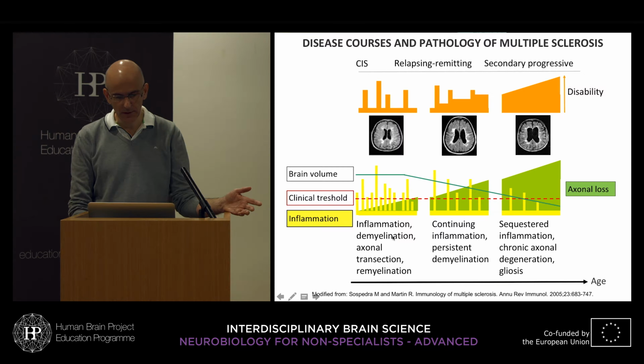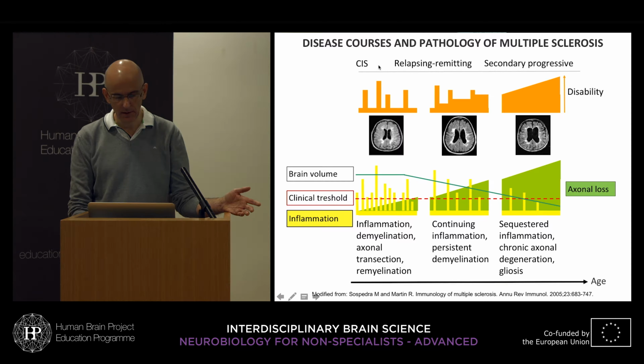At the beginning of the disease, you have dominance of inflammation, demyelination, axonal transection and remyelination. After time, continuing inflammation and persistent demyelination, and in the end stage you have a sequestered inflammation, chronic axonal degeneration and gliosis.